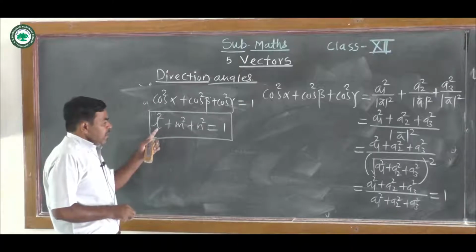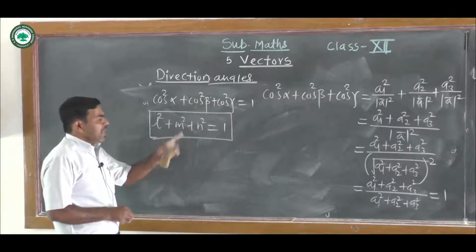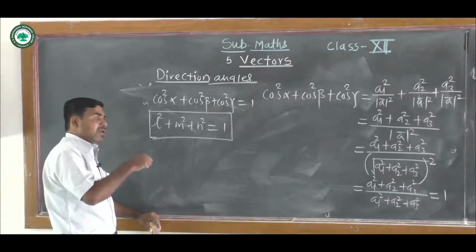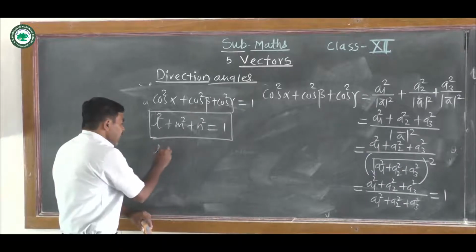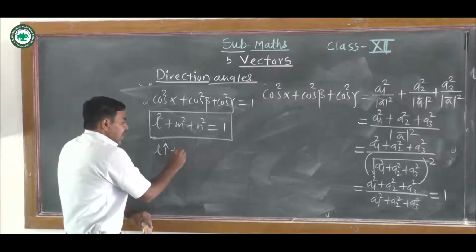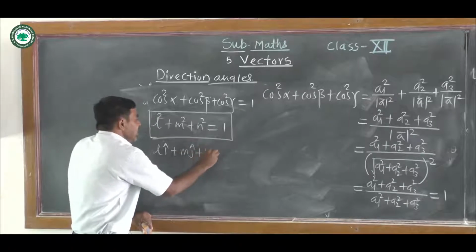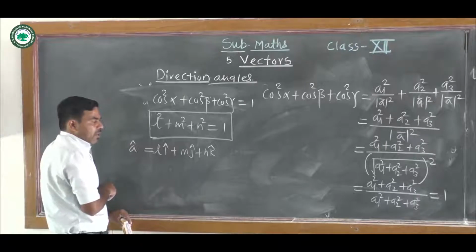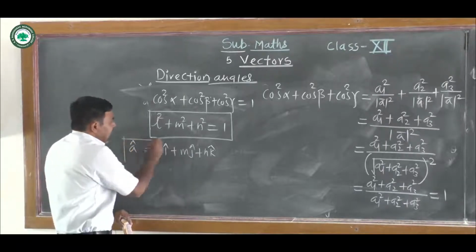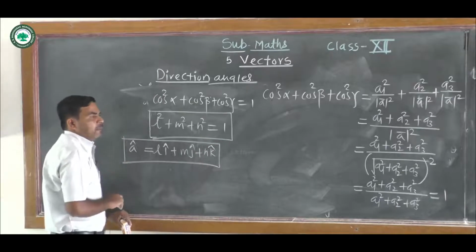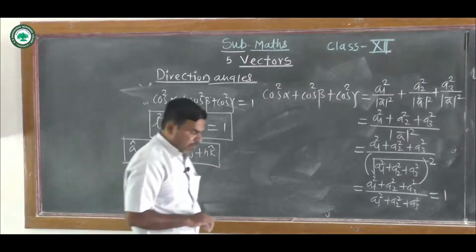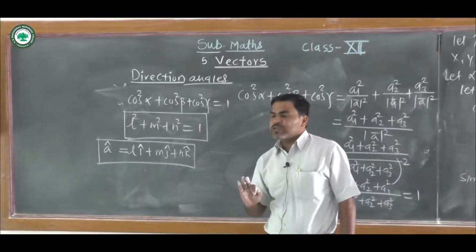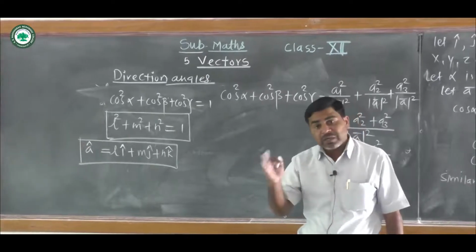Now, if l, m, n are direction cosines of a vector a, then the unit vector along the vector a is l into I cap plus m into j cap plus n into k cap. This is the unit vector a cap along the vector a. Means, see, if direction cosines are known, then from these direction cosines we can write the unit vector along that vector.